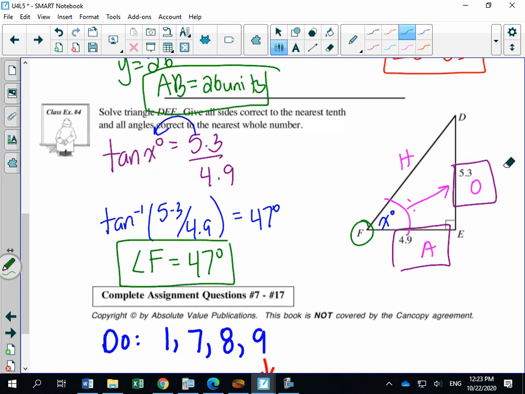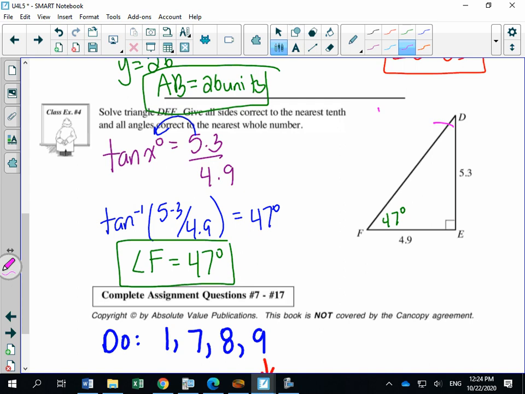I'm going to erase my triangle. Do you know where I would jump to next? The other angle. Yeah, as soon as I got two angles, boom, you could figure out the third. This guy here, angle D, it's 180 degrees minus 90, minus 47 degrees.